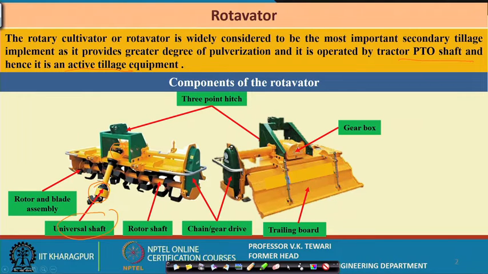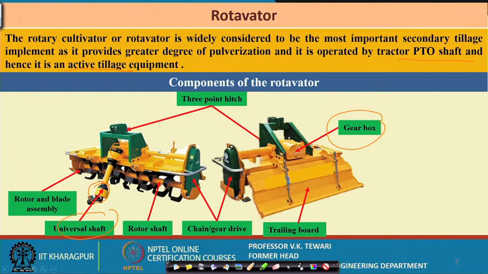Now, in this rotavator we have a gearbox here. You can see that when the power from the PTO is coming, it is rotating in one direction, and we would like to change the direction of rotation by 90 degrees, because the axis of the rotavator is perpendicular to the direction of operation of the tractor.